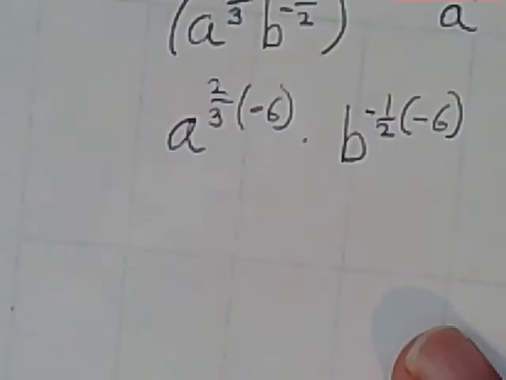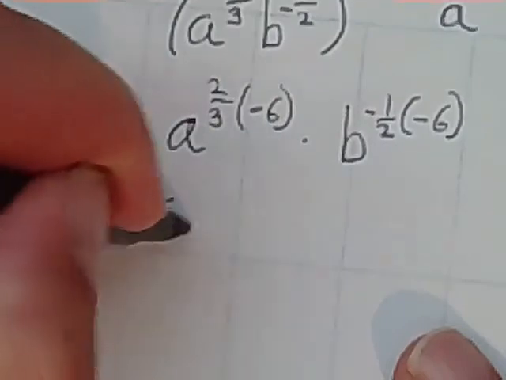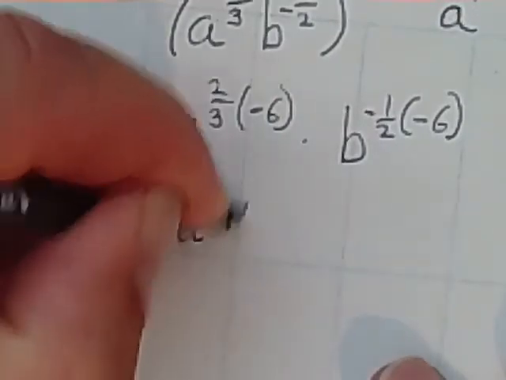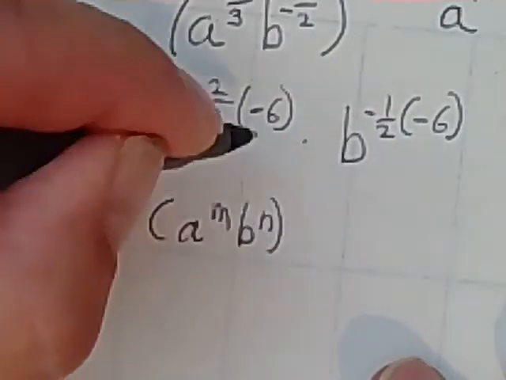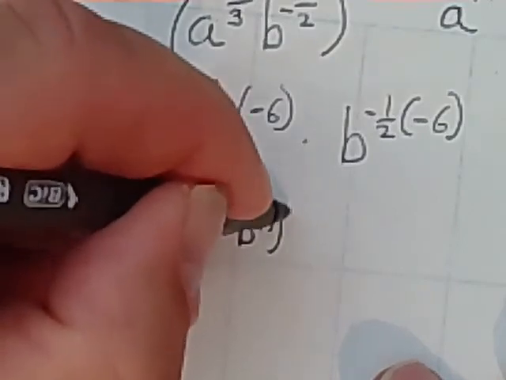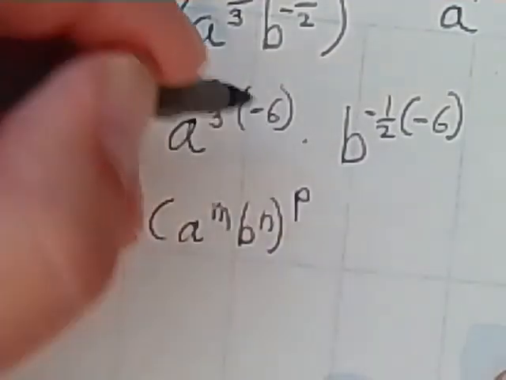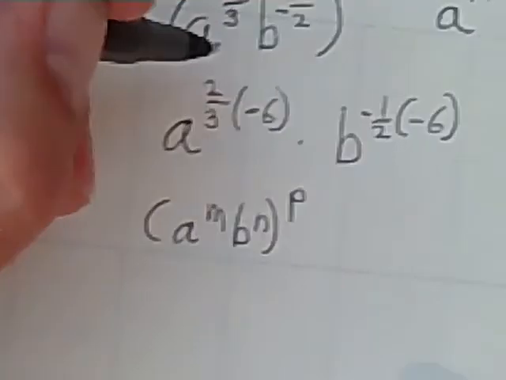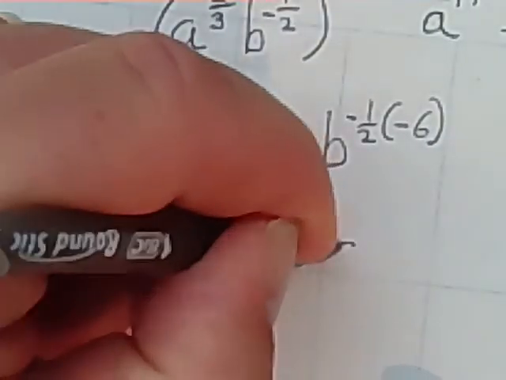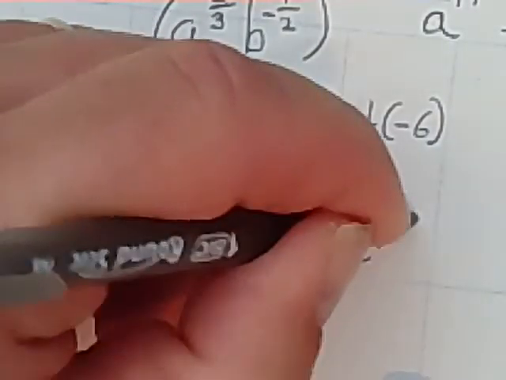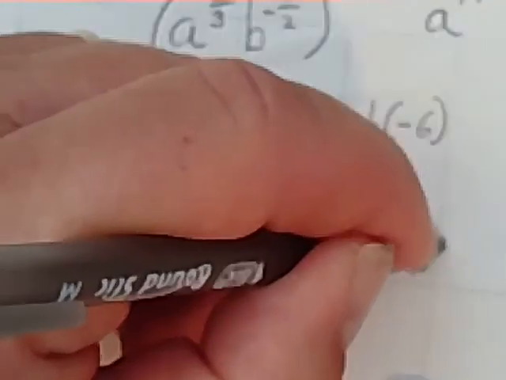So I'm distributing the exponents. I'm using a to the m, b to the n, to some other integer p is equal to a to the mp times b to the np.